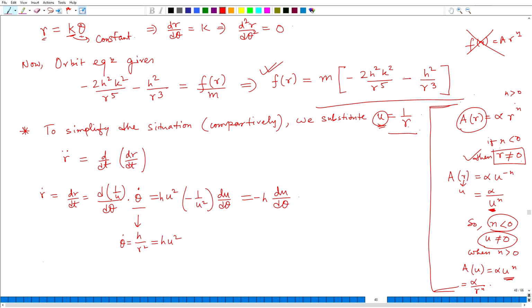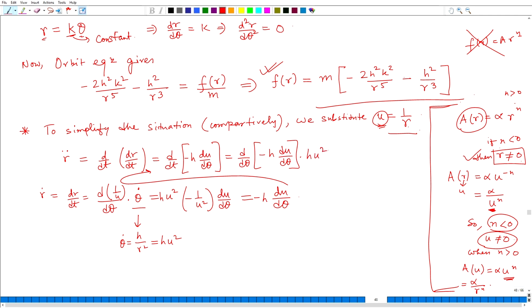And so then this is nothing but d dt of minus h du d theta, which is equal to d d theta of minus h du d theta times d theta dt again. So, d theta dt is theta dot, which is nothing but h u square.